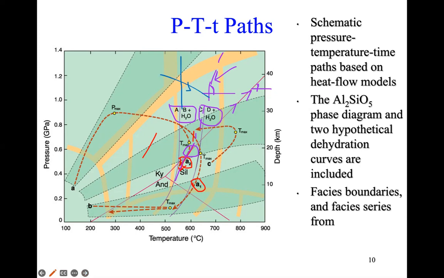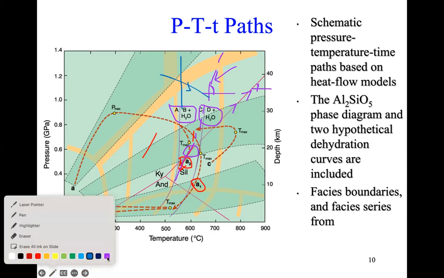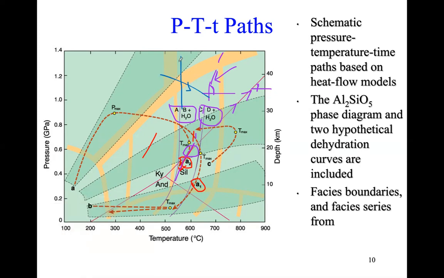But if you have a PT path like this, this will also take place, but on a very limited scale. Soon it will become a reversed reaction, right?